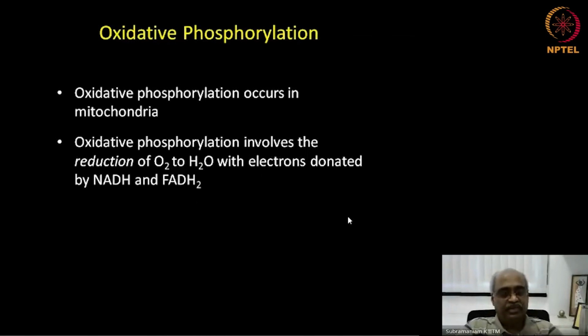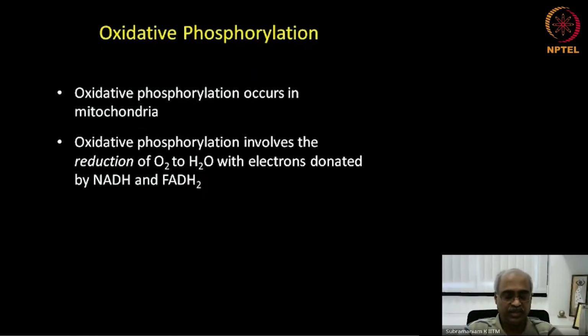So today we'll discuss oxidative phosphorylation. So far we have gone through the TCA cycle, and we have seen the TCA cycle regulation as well. The main outcome of TCA cycle operation is the production of reduced electron carriers, NAD and FAD in the reduced form, NADH and FADH2.